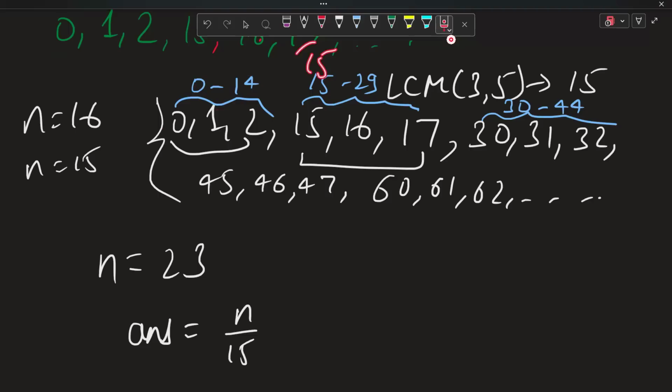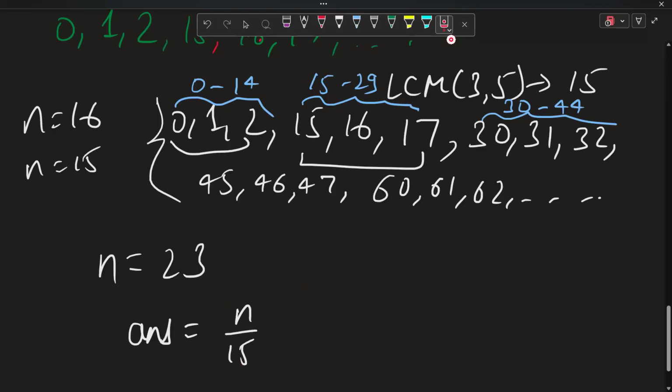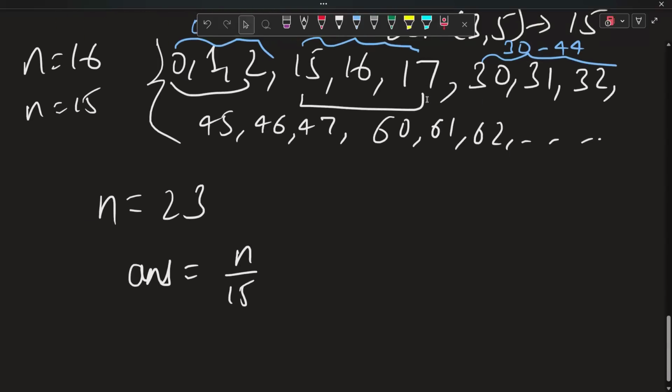Once n moves to 15, n by 15 would be equal to 1, meaning one block is present completely. From 15 to 29, n by 15 would be 1. From 30 to 44, n by 15 would be 2. So n by 15 gives you the number of complete blocks.